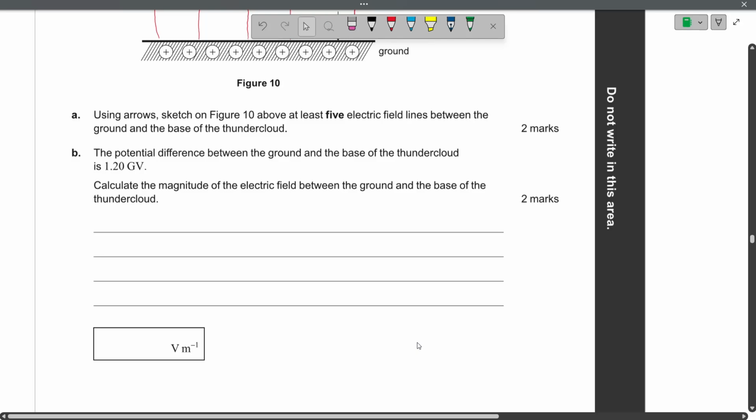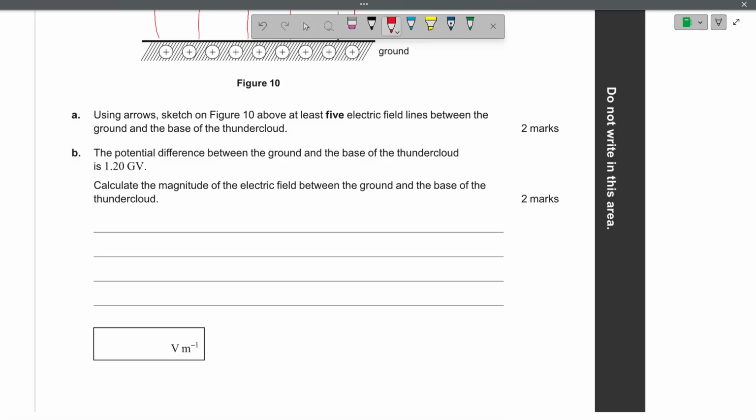So go looking for an equation that has something to do with electric field, voltage, and distance. In this case, there's a simple equation for electric field: voltage divided by distance.